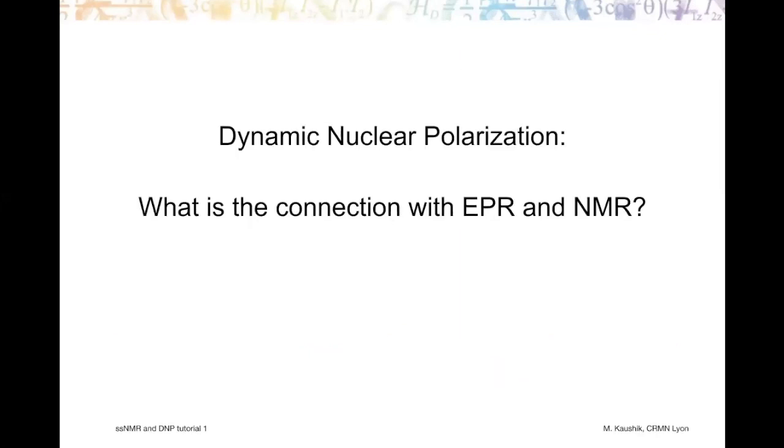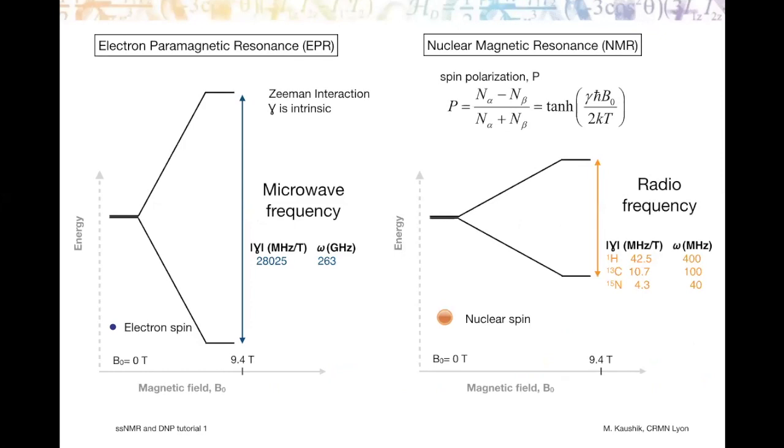Let's start by asking, what is dynamic nuclear polarization and what is its connection with EPR and NMR? Here, I assume that most of you are familiar with these techniques. So under magnetic fields, spins tend to split in energy levels by Zeeman interaction.